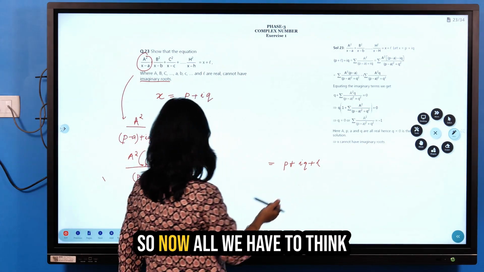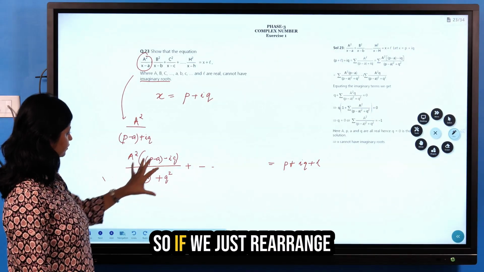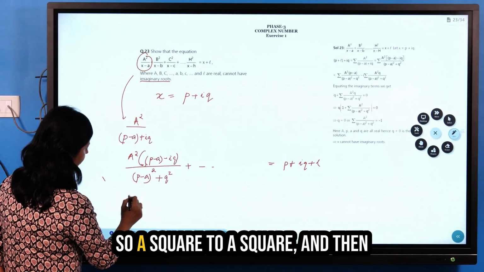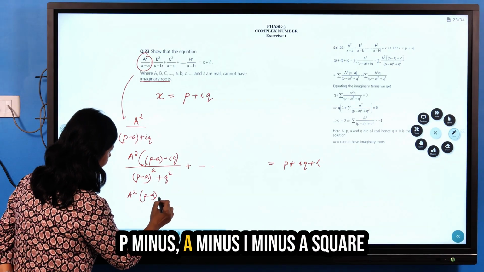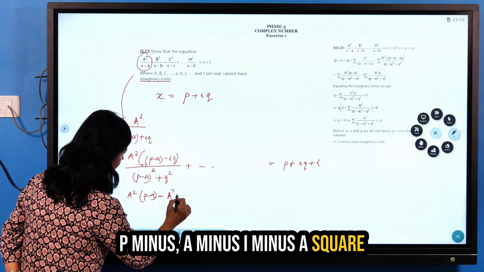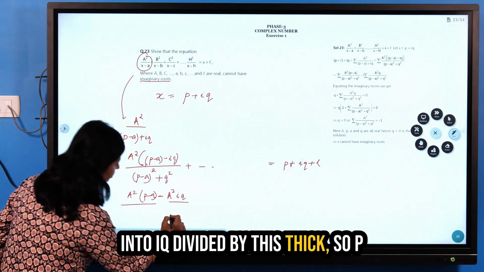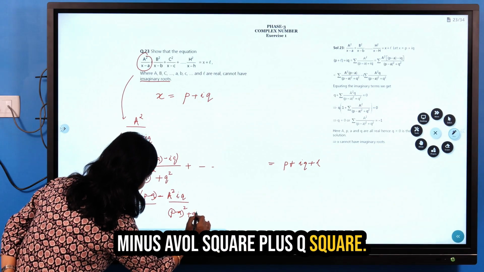Now, because we only have to look at the imaginary part, let's rearrange it into real and imaginary parts: a square into p minus a, minus a square into iq, divided by p minus a whole square plus q square.